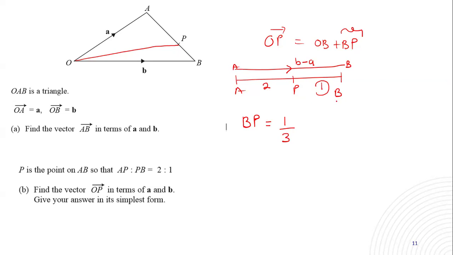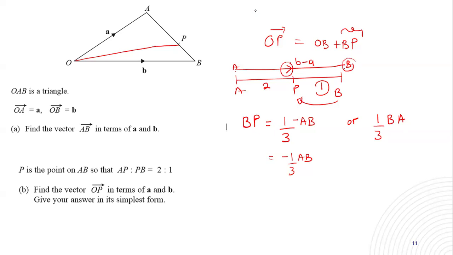But since you are moving from B to P, you are opposing the direction of A and B because the initial direction was this. So to show that you are opposing, there are two things you can do. One, either write negative A to B, which will equal negative 1 out of 3 AB, or alternatively someone writing 1 out of 3 of the line B to A, since now you have started from B and going towards A. Kindly let me know whether that is clear in the chat.